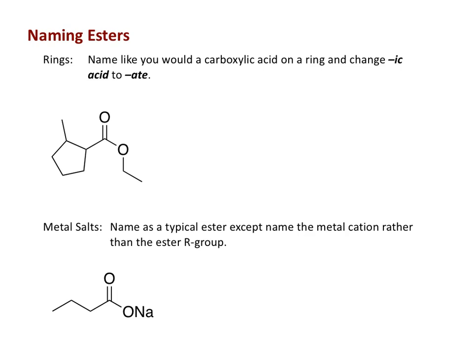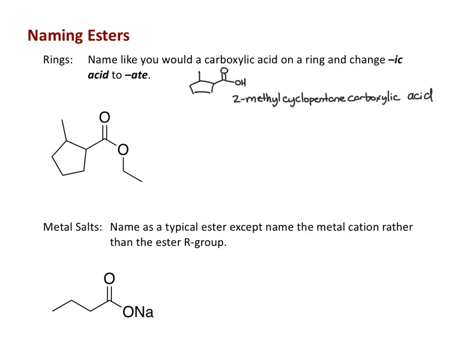So for example, if we just had this, we would just name this 2-methylcyclopentane carboxylic acid, where we essentially name the ring as it would be without the carboxylic acid, and then add the carboxylic acid ending to say that it's attached.